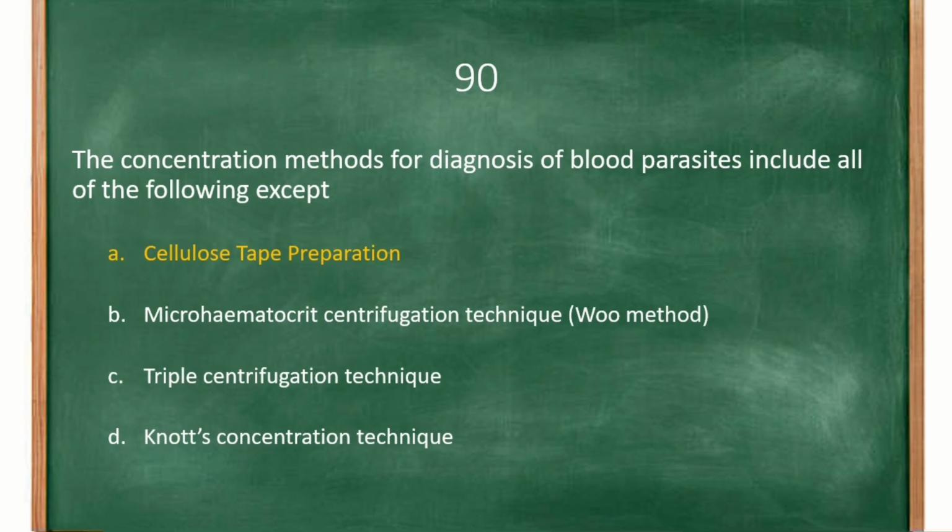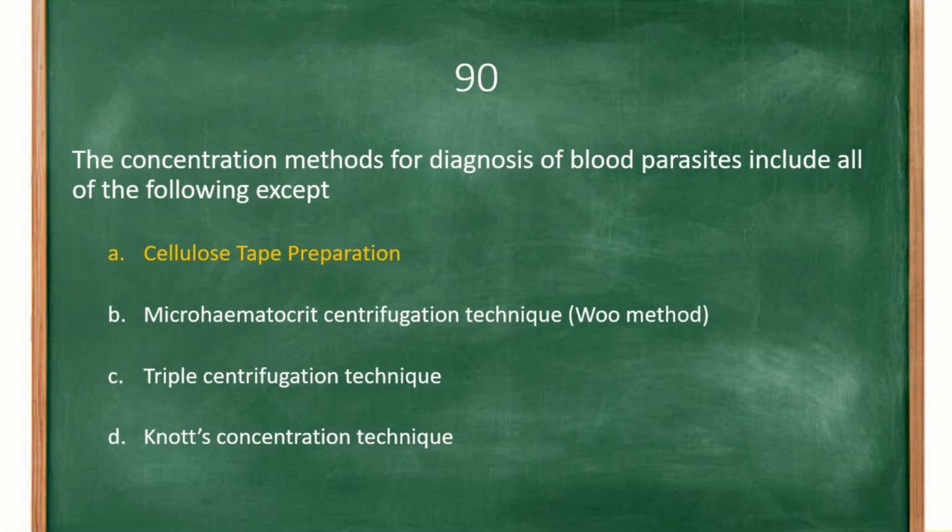If you take option B, the microhematocrit centrifugation technique or the Woo method, this technique is used to concentrate blood parasites, particularly for diagnosing malaria. It involves centrifuging blood to separate the components and making it easier to detect the parasite. So that's the Woo method.